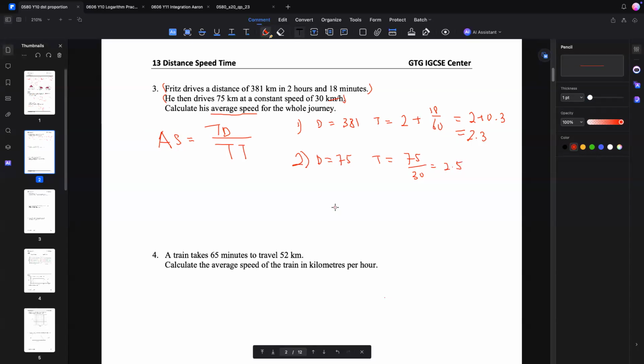Okay. So now, for both our parts, we got our distance and we got our time. So now let's put it in the formula. Total distance is going to be 381 plus 75. And then our total time is 2.3 plus 2.5.